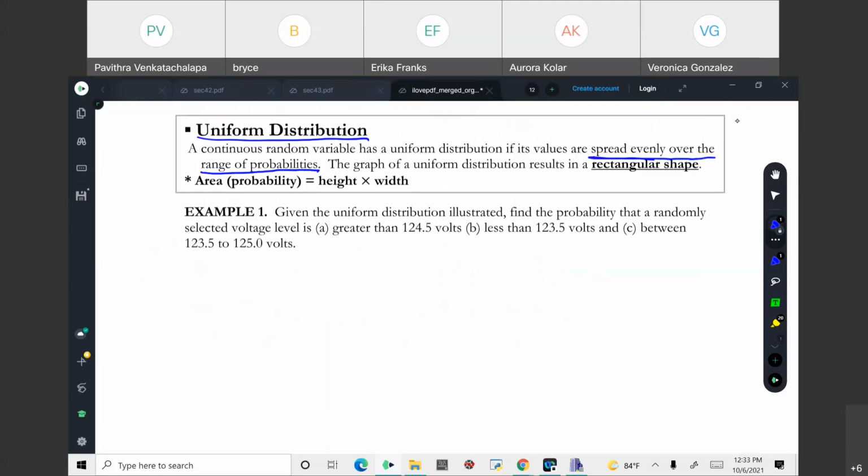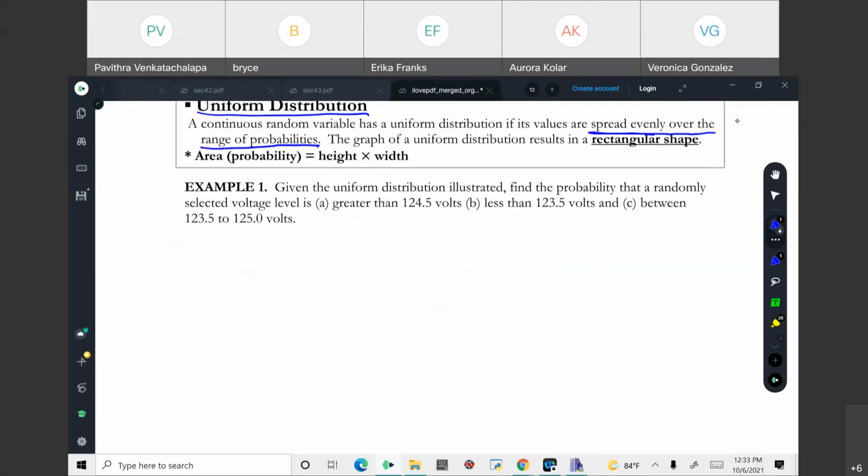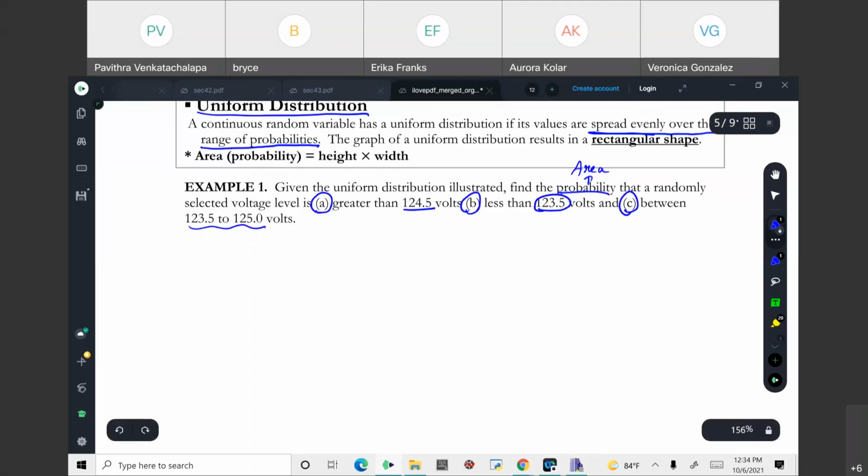Okay, so we will do example 1. Given that it is a uniform distribution, we need to find a probability. Here, probability is nothing but the area. We need to find the area of two things, greater than 124 and less than 123, and between these two values.